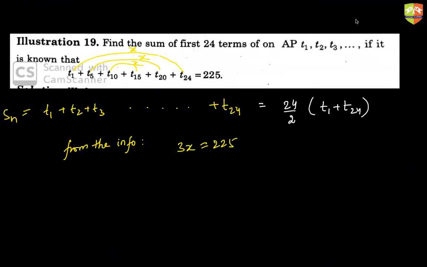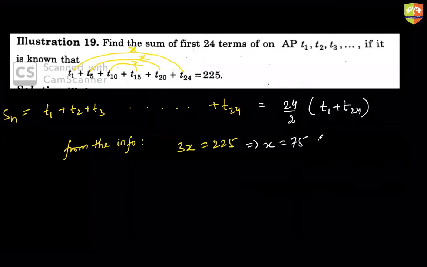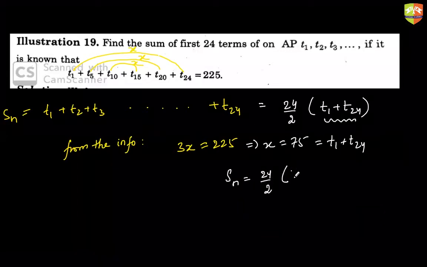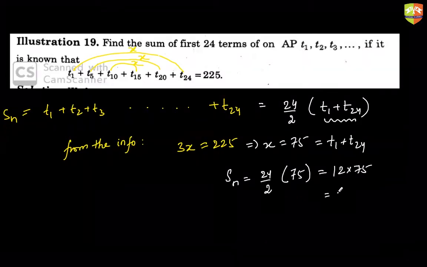So that means your X is going to be 75. So this is nothing but your T1 plus T24 itself, right? So all you need to do is plug in this value with 75. So your answer will be sum of n terms is 24 by 2 into 75. That's nothing but 12 into 75, which is nothing but 900.